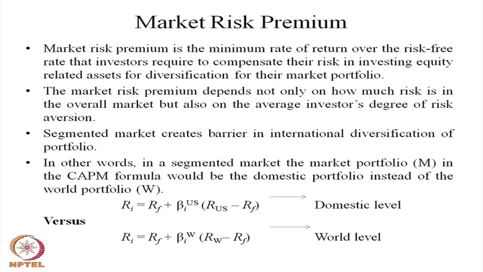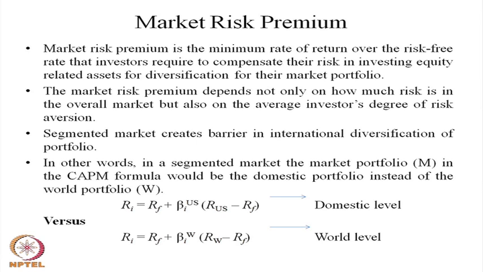Generally it depends upon whether the market is segmented or integrated. In a segmented market, the free movement of capital is not there, meaning capital account convertibility is not 100%. There is a restriction on the movement of capital from one country to another.